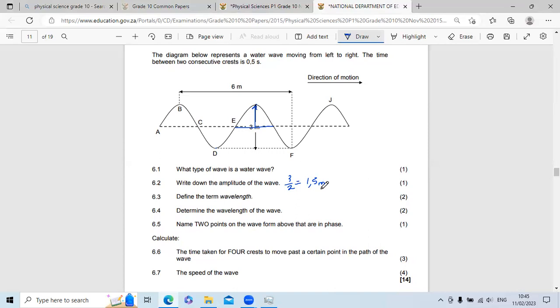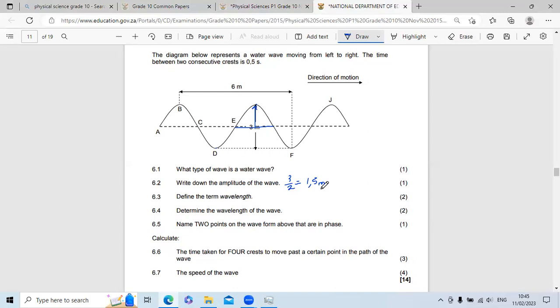So can you define wavelength for me? Is it the distance of one complete wave? Yeah, that's correct. And then they say determine the wavelength of the wave.